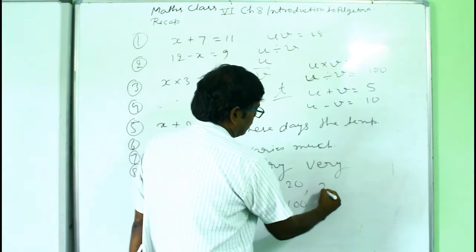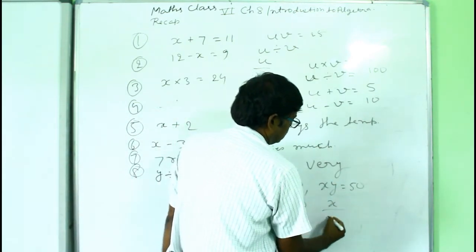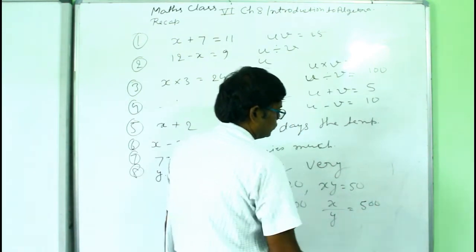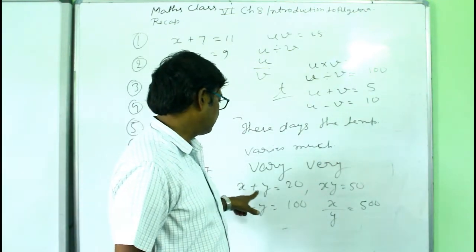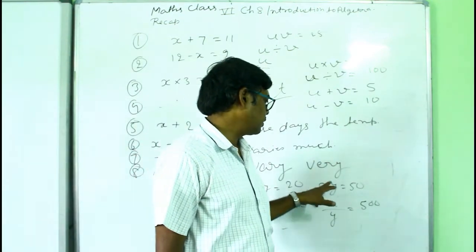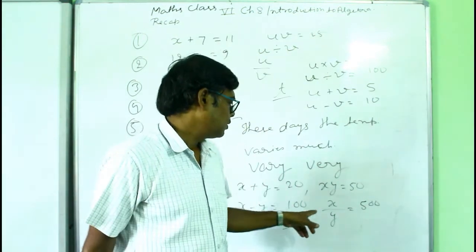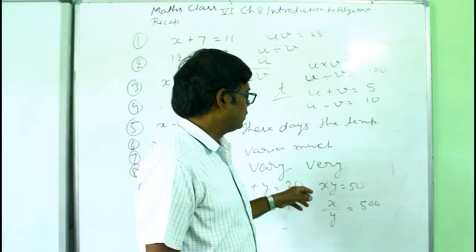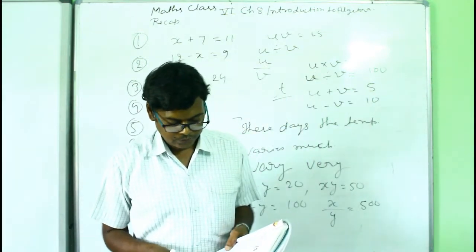Okay, then you have the product xy equal to suppose 50, and the division x by y equal to suppose 500, and so on. So these are the different symbols: the plus operation, the minus operation, multiplication, and division. We use the division of two variables like this, and we use the multiplication like this for two variables x and y, and so on.